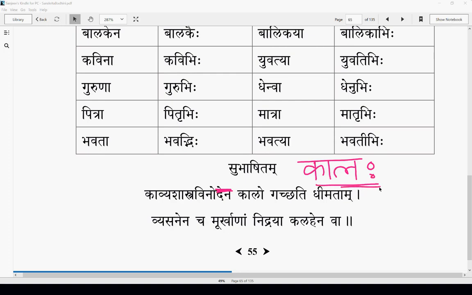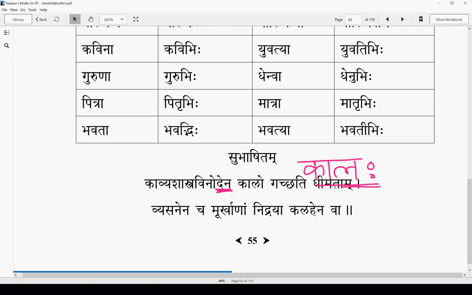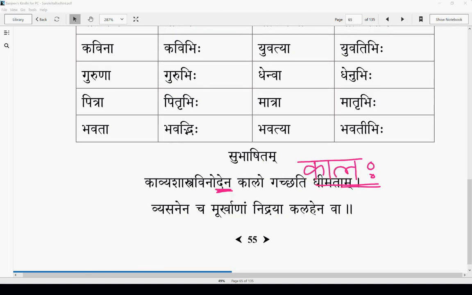So what is Kalaha vibhakti? Kalaha is Prathama, like Rama. Gacchati, you know. Dhimatam. What is the vibhakti of Dhimatam? Dhimatam you may not know, but it is like Ramanam, Balakanam.